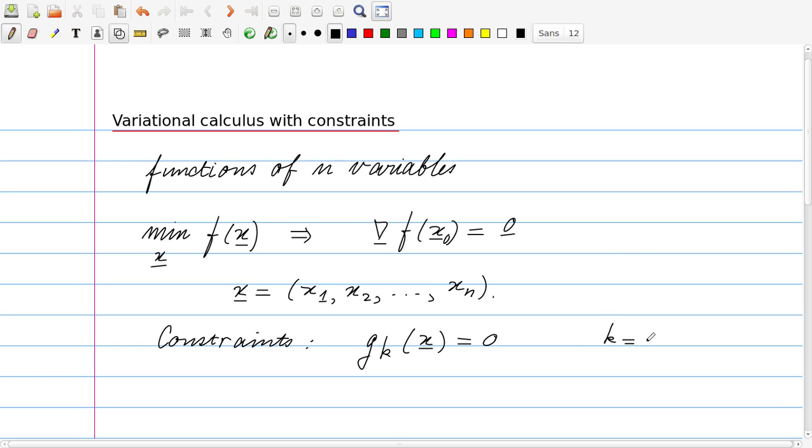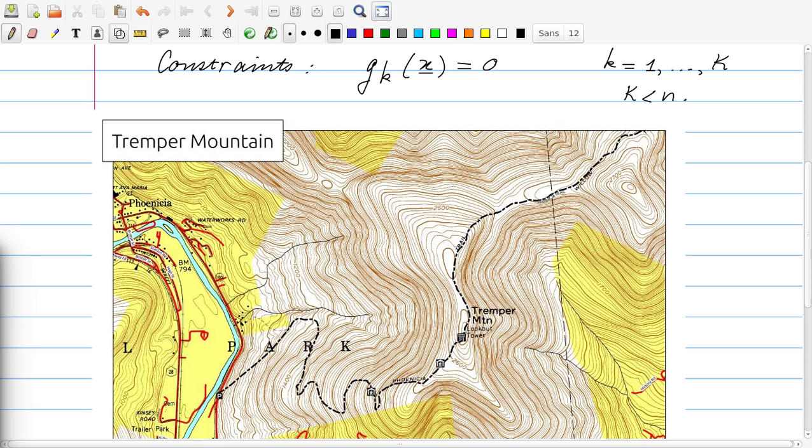So the index k runs from 1 up to capital K, and that capital K is smaller than n because we don't want to have more constraints than dimensions. And we shall assume always in this movie that the g_k are independent constraints. Before turning to the solution of that problem, let us consider an example.